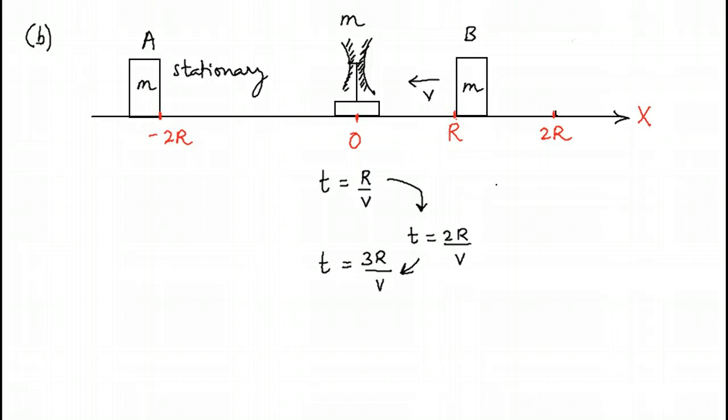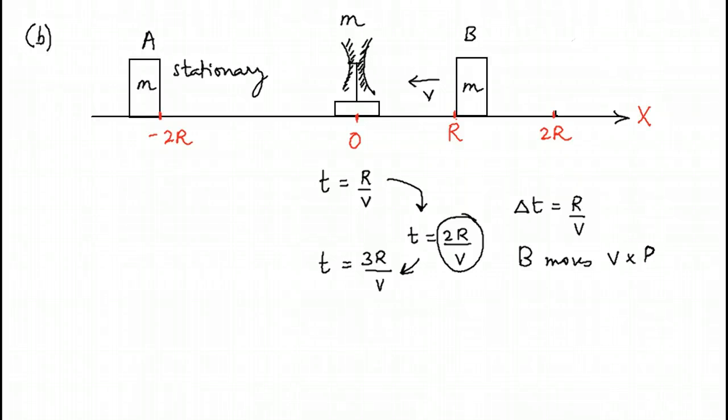Remember this picture is at t equals r by V, and at t equals 2r by V a time interval of another r by V has elapsed since this picture was taken, and so block B will move by V times delta t, which is V into r upon V, towards the left, and it means that B moves by a further distance r towards the left. Now clearly in the picture it would mean that block B is somewhere over here.